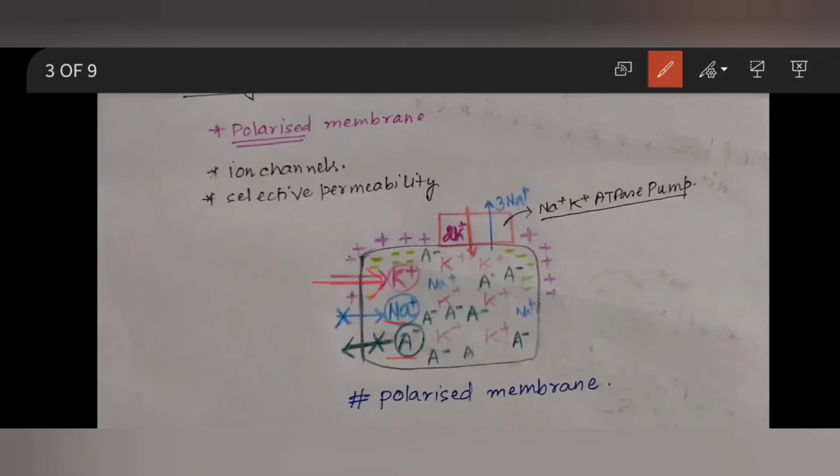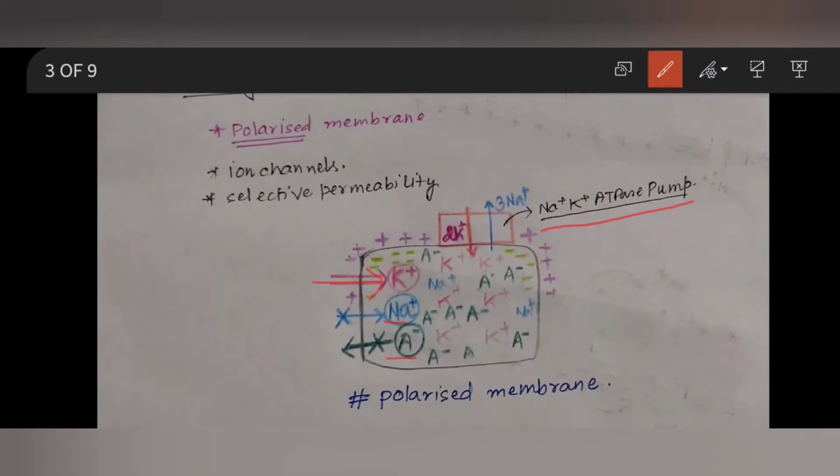Moreover, this Na+, K+, ATPase pump actively pumps out 3 Na+ ions and pumps in 2 K+ ions. This also gives rise to some concentration gradient inside and outside the axonal membrane.